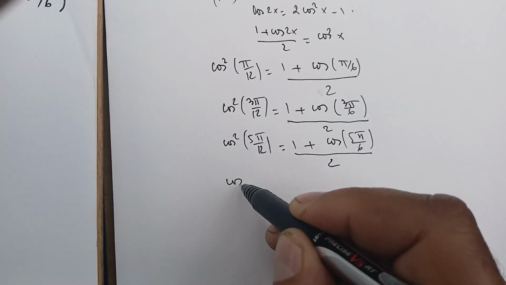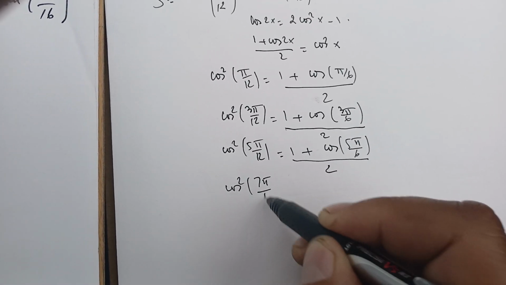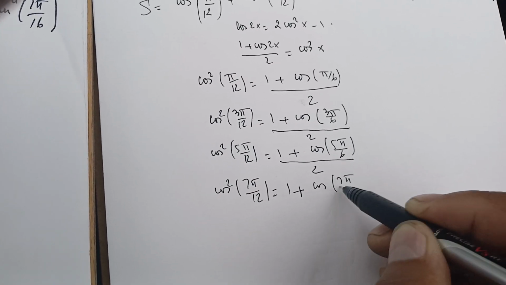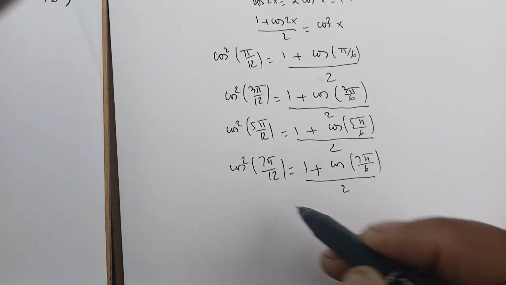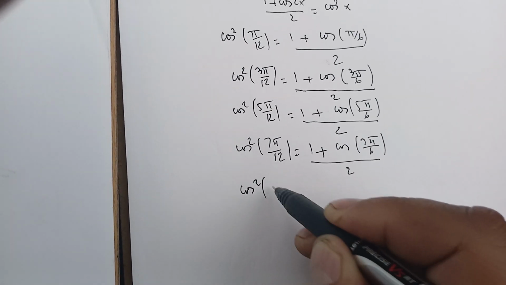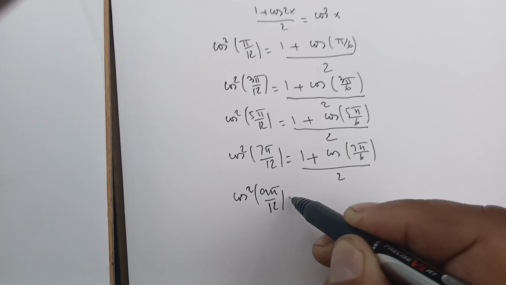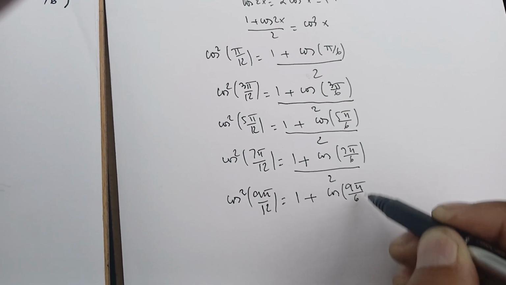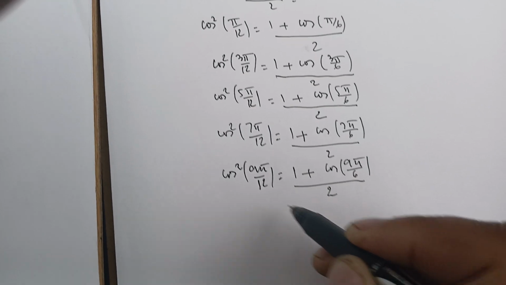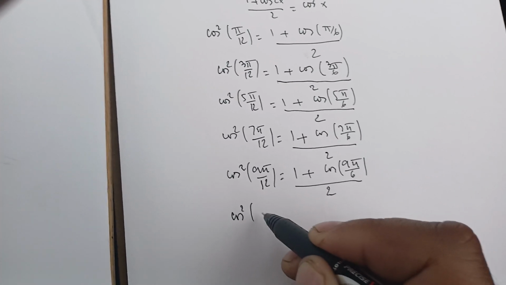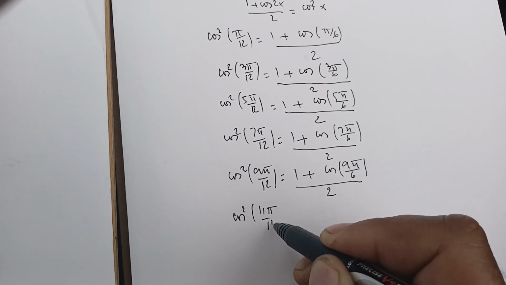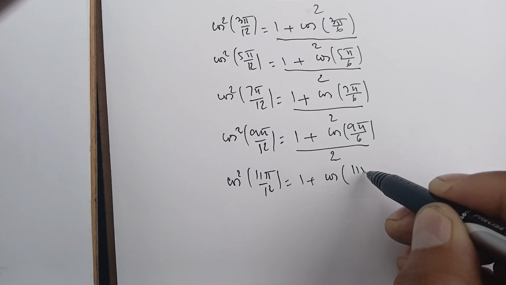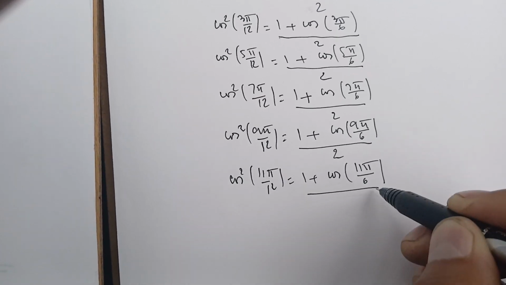The next one is 7 pi over 12, which is 1 plus cosine 7 pi over 6, over 2. The next one is 9 pi over 12, so we get 1 plus cosine 9 pi over 6. No simplification for now. The last one is 11 pi over 12, and we get 1 plus cosine 11 pi over 6, over 2.